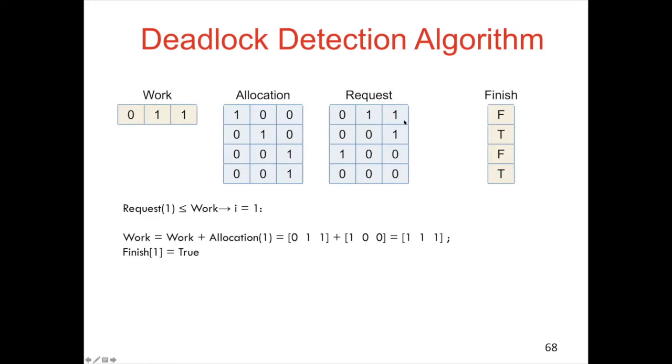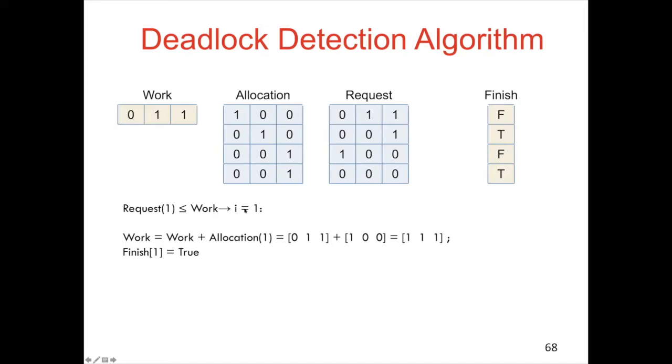Now find a process for which finish value is false. Here we have process P1 and P3 for which finish values are false. And for those processes, we have to check if request is less than or equal to work. Let's start with process 1. It has request 0, 1, 1 and it is satisfying the condition. Request 1 is less than or equal to work.